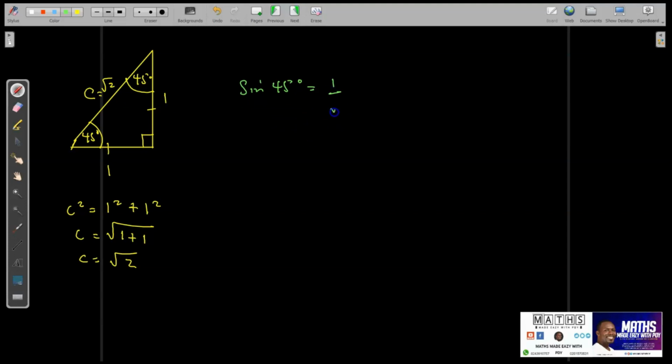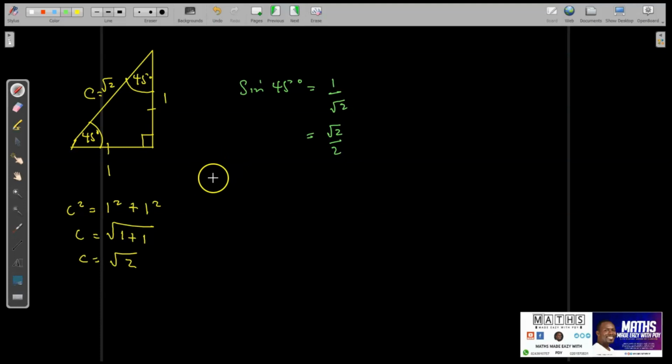Root of 2. So can we go further to rationalize? It will be root of 2 on 2. So sine of 45 degrees is root 2 on 2. Can you confirm it from your calculator? Yes, it's root 2 on 2.